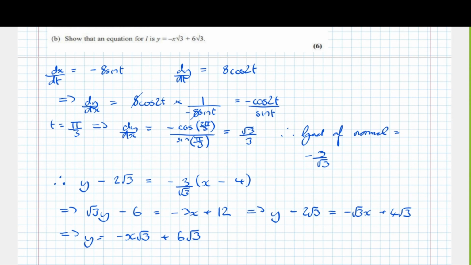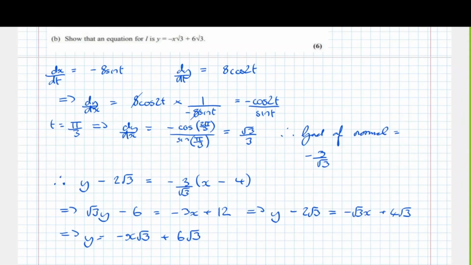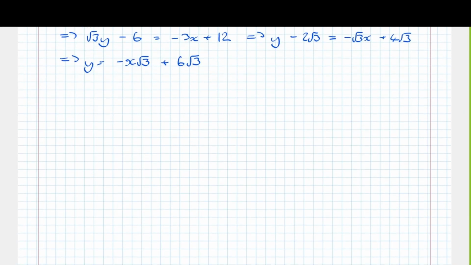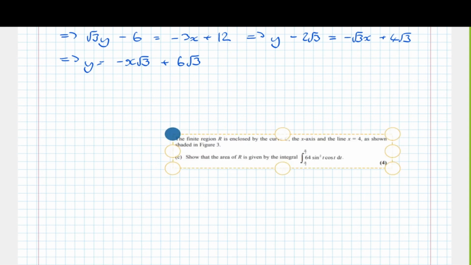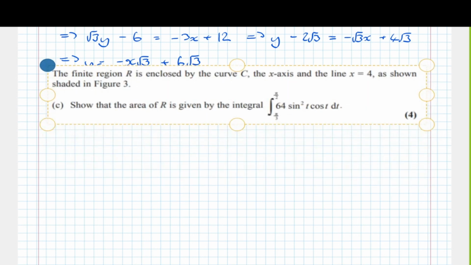Now for the integration part. Pop that there. Try again. So there it is there.